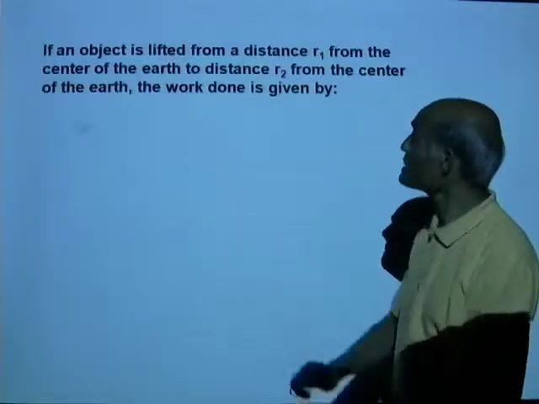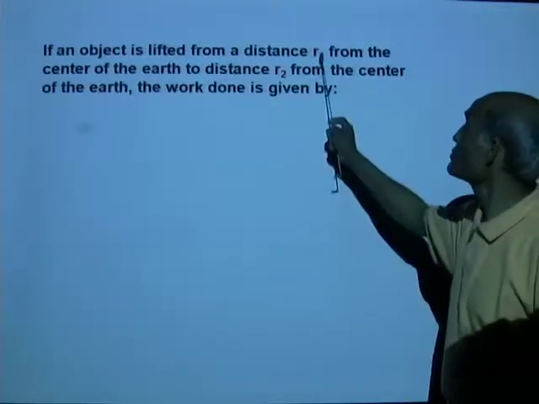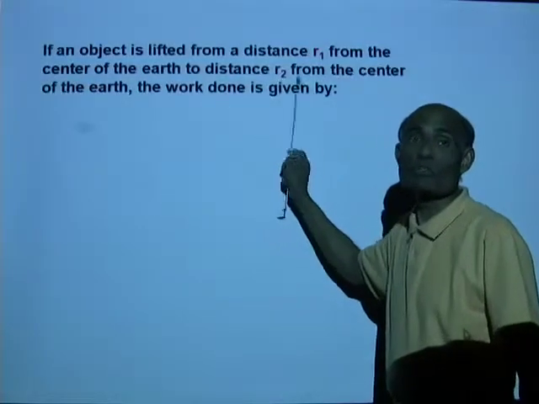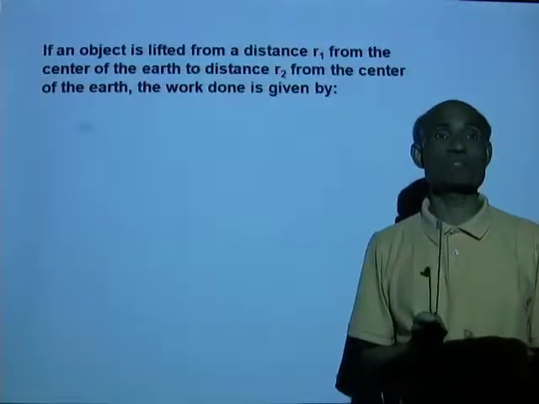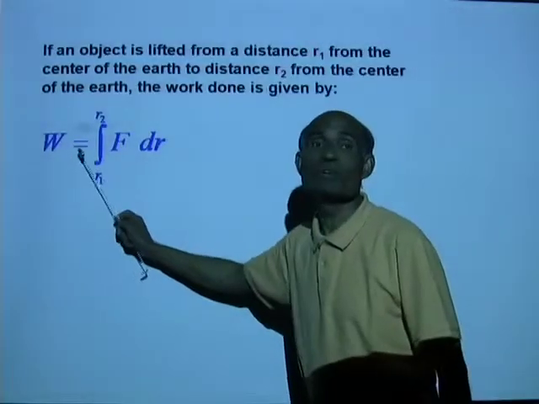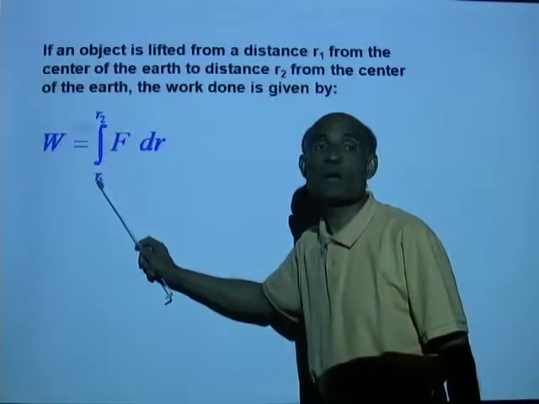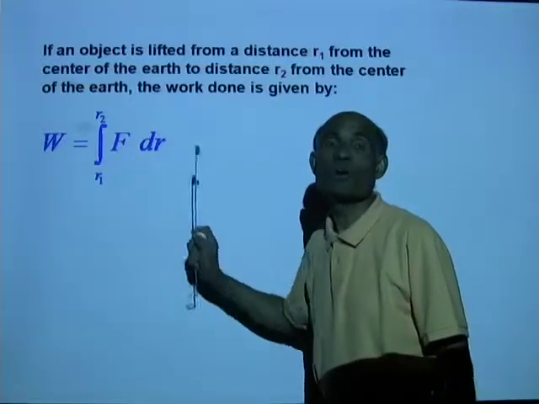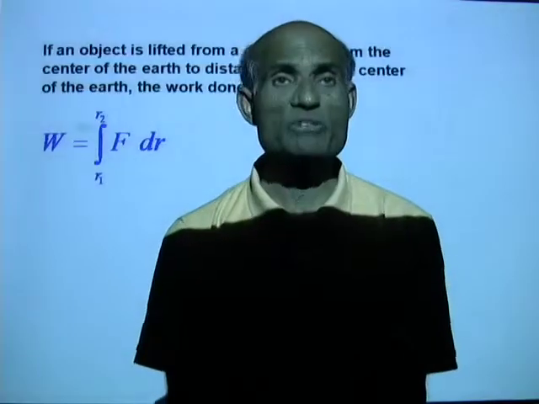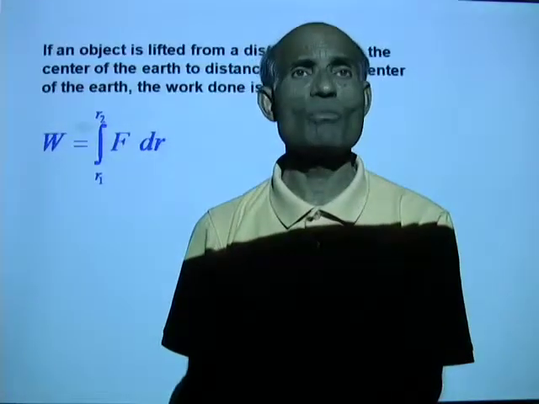Now, if an object is lifted from a distance r1 from the center of the earth to a distance r2 from the center of the earth, the work done is given by W equal to integral r1 to r2 of F dr. Now, let me take a minute to explain that a little more clearly.